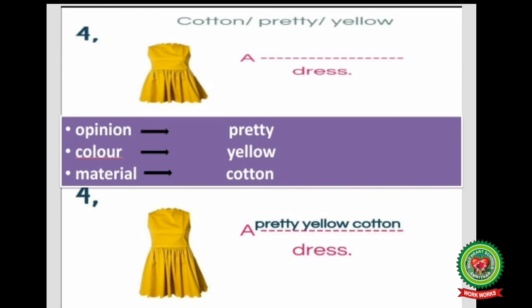Number 4, cotton, pretty, yellow. Now again, by arranging the adjectives according to the acronym DOSA's COMP, first comes the opinion, that is pretty, then color, that is yellow, material, that is cotton. So our answer becomes a pretty yellow cotton dress.